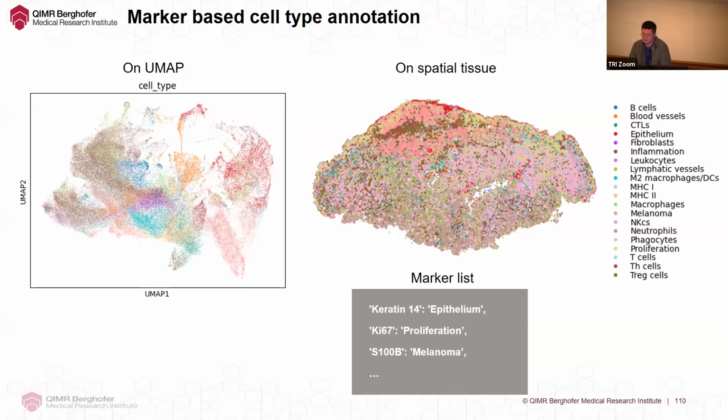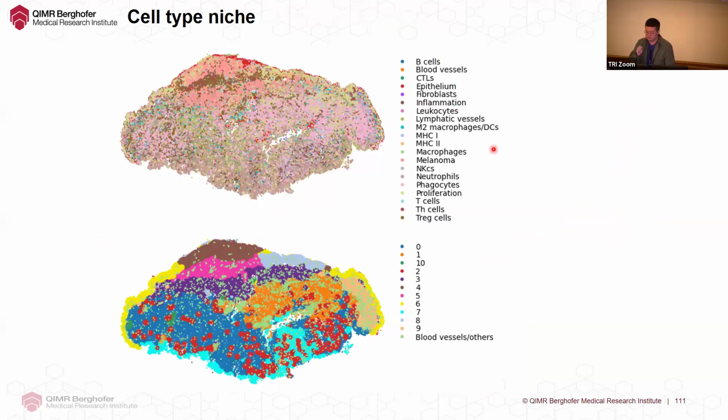You can see that at the global level, this cell type annotation is quite noisy. So we came up with a way to perform cell type community, or cell type niche, analysis, which means a group of cells that interact with each other in a specific environment or tissue region.